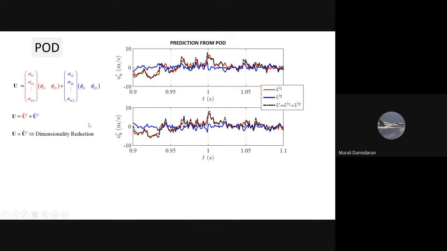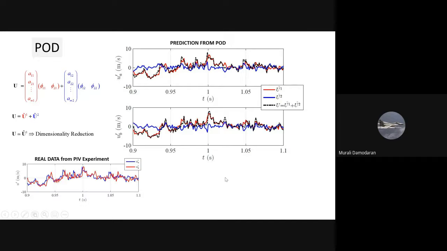So how good it is, you can see. You calculated these POD modes, you go and combine. Red one is the first mode, the second mode, and the combined mode. And it looks like this is the original PIV data. They look almost the same.